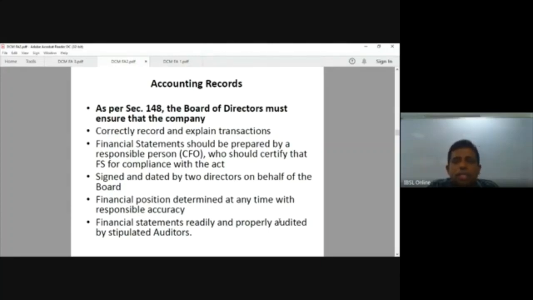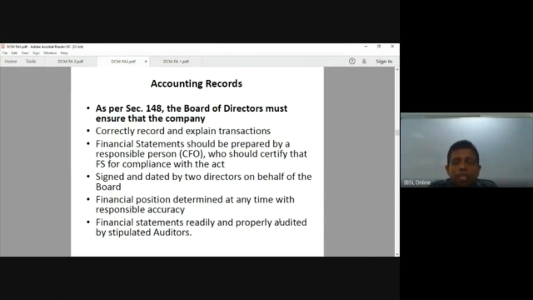You can easily get access to the financial statements of your bank. In the balance sheet itself, the CFO certifies the financial statements. That is a requirement of the Companies Act under section 148. Every financial statement should be certified by the CFO under this particular section.